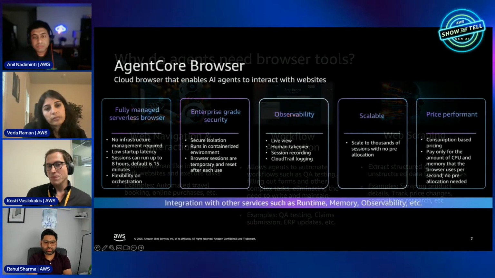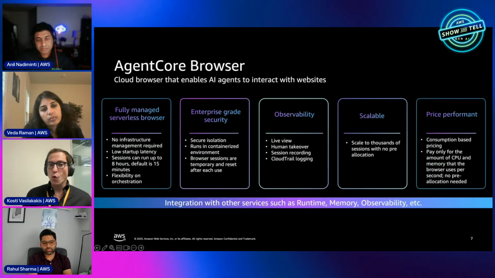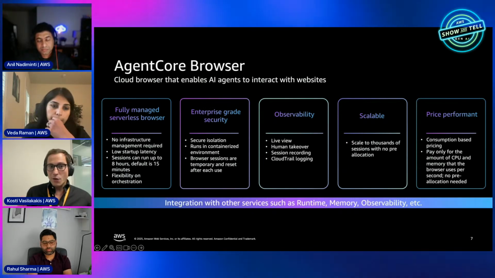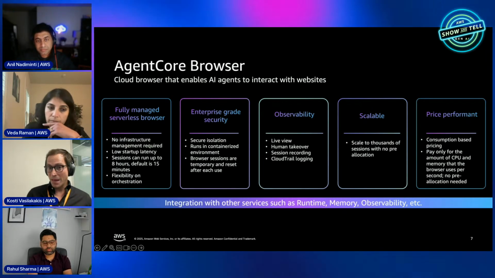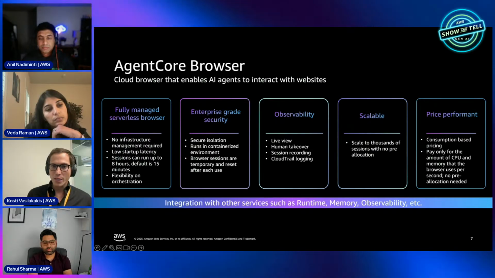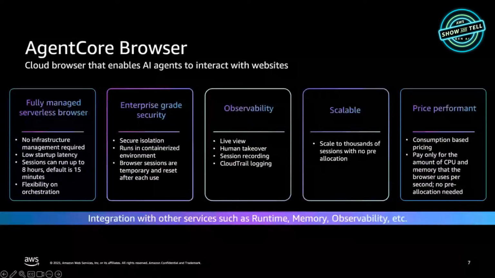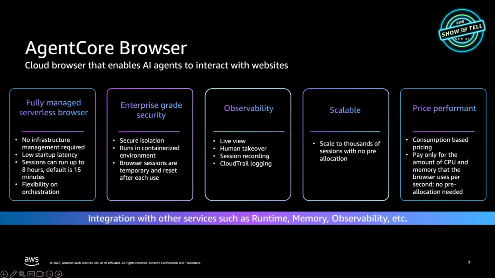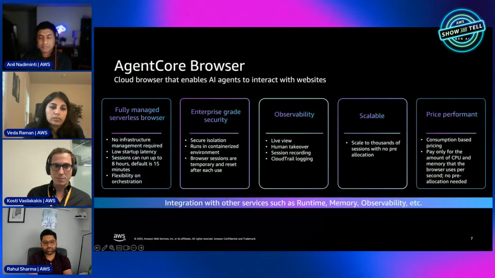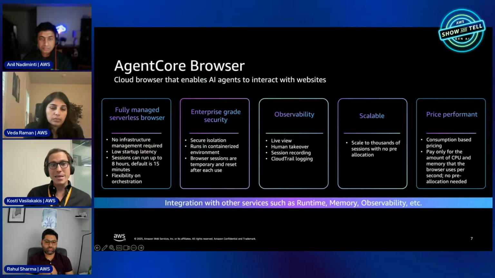Now you might be asking, what exactly is the browser? What kind of capabilities do you offer as part of it? At the crux of it, it's a fully managed headless browser, a fully serverless environment that you can very quickly spin up in sub-second latency. Or not you, your agent, as it needs a browser, can decide to spin up our AgentCore browser with sub-second latency, and it can use that browser to perform any kind of actions.